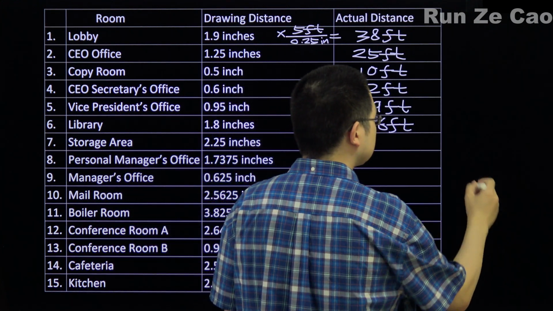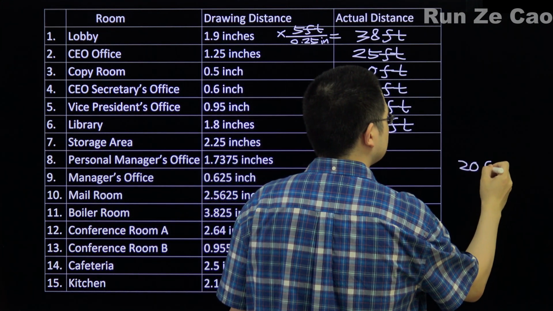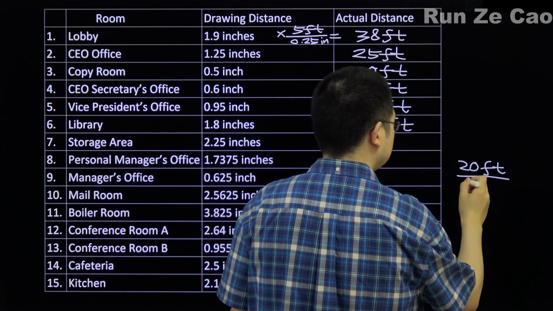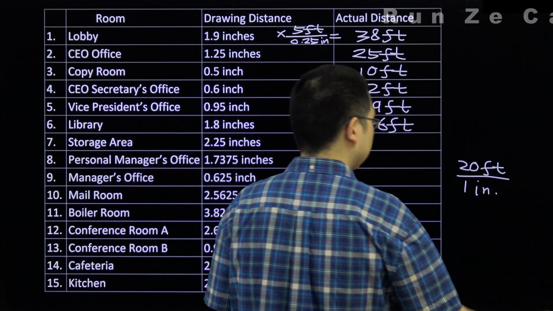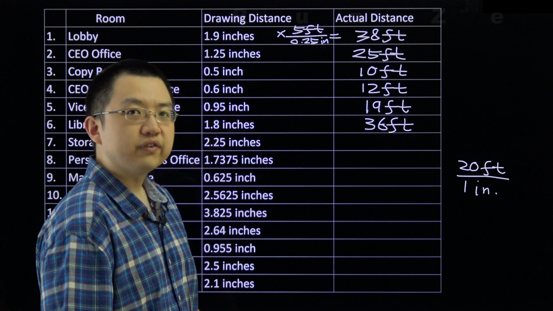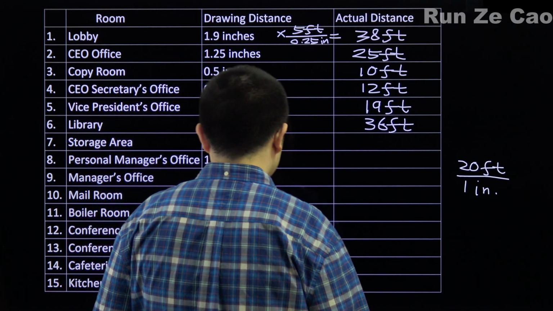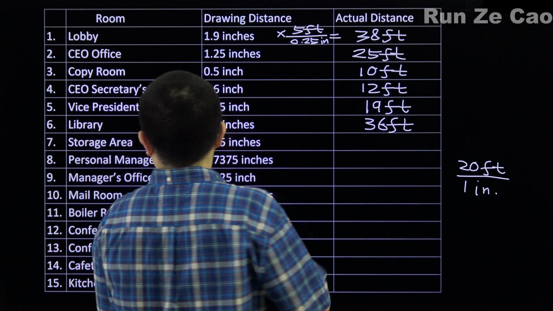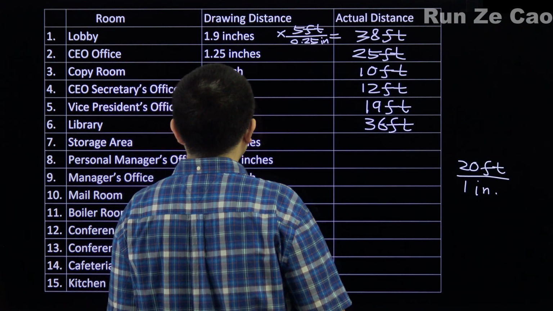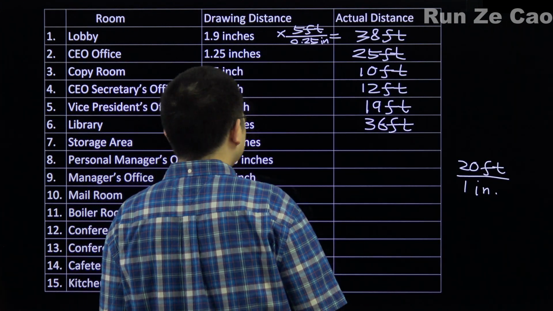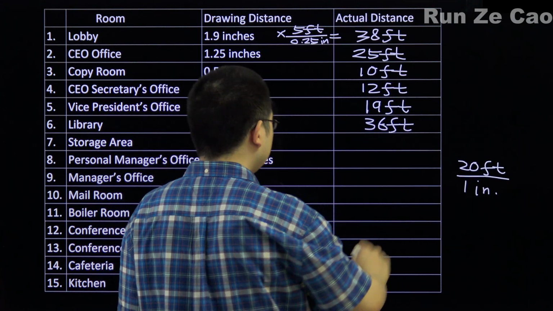It's useful to occasionally write down your scale again, or your converted scale in this case, if the thing you're looking through is too long for you to look at all of it at once. 2.25 inches for the storage area at 20 feet per 1 inch.